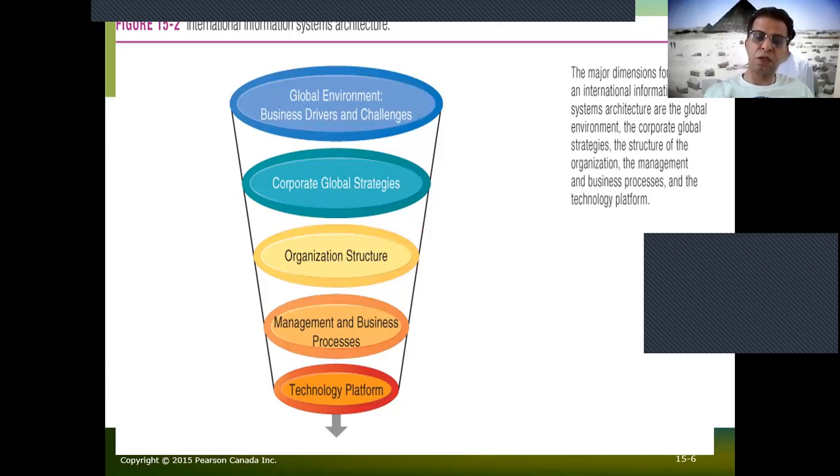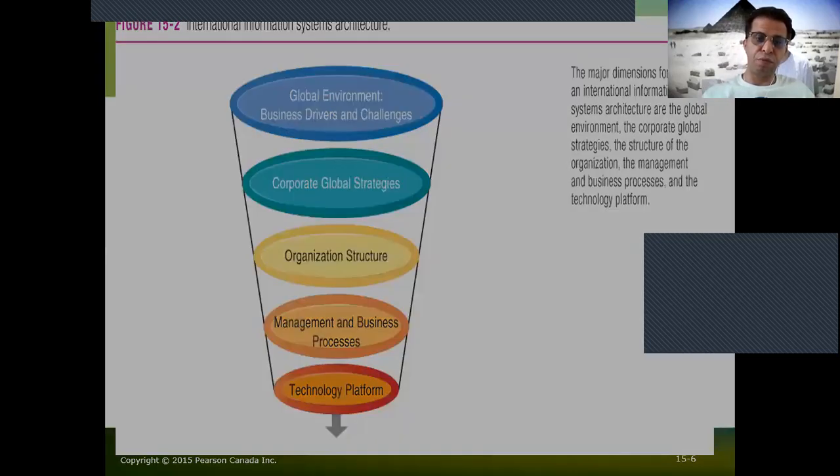Then we look at the organizational structures, and then the management and business processes accordingly. And we look at the technology platform. So the major dimensions are the global environment, the corporate global strategies, the structure of the organization, the management and the business process, and the technology platforms.